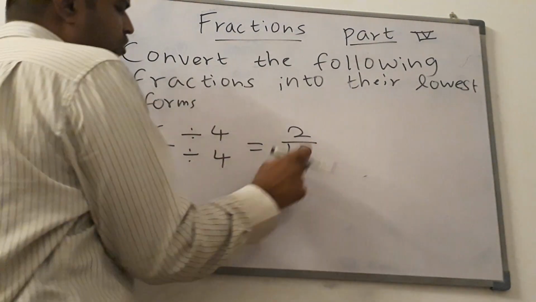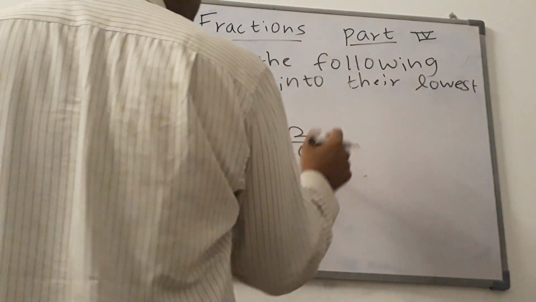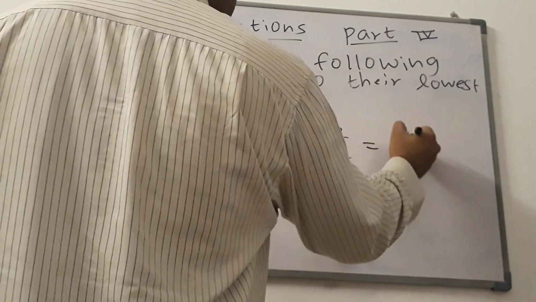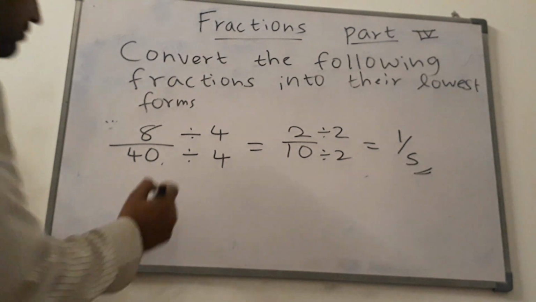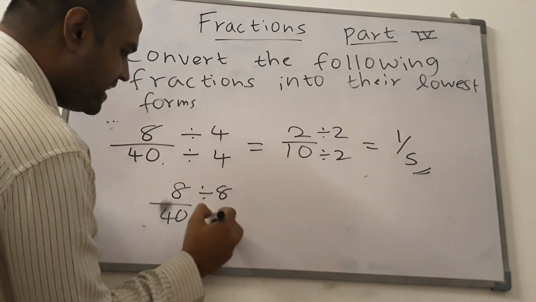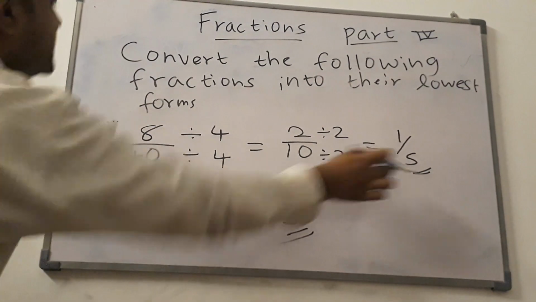Is this the lowest form? We can divide both these terms by 2 as well. Again, so 1 over 5 is the lowest form. Or we can divide 8 over 40 by 8 itself straight away. So we will get 1 over 5. This is the lowest form.